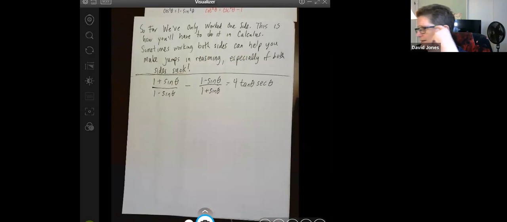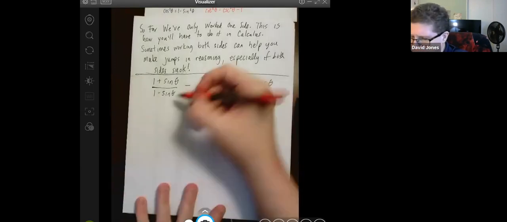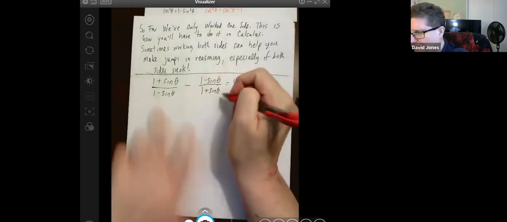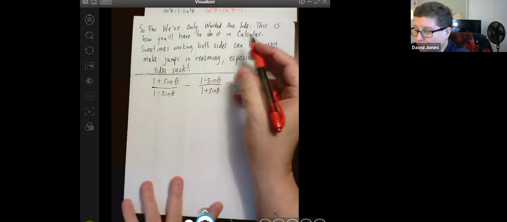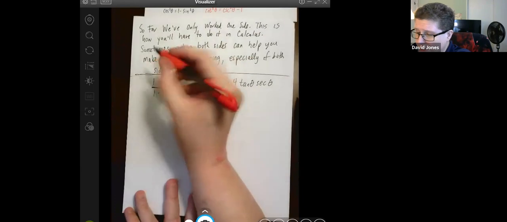All right. So both sides are kind of crappy. The left side's got fractions with different denominators. Right side's got some weird stuff going on. First intuitive step. We've got a 1 minus sine theta, 1 plus sine theta. Let's get rid of that by using the reciprocal or the conjugates.